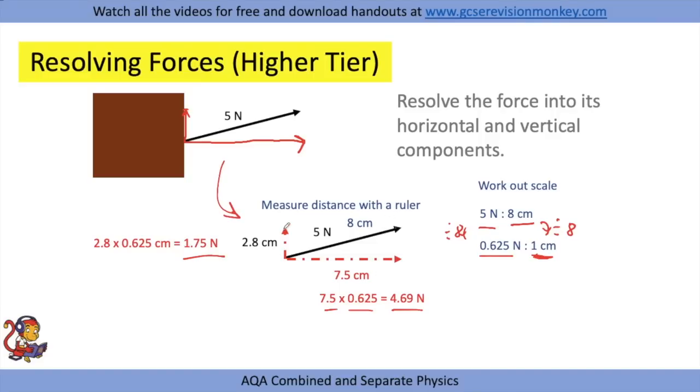And what this is basically saying is, yes, we've got this force at an angle, and this would be like pulling this object here with an upwards force of 1.75 and a sideways force of 4.69 newtons, and that would result in the object moving in this direction with a force of 5 newtons.